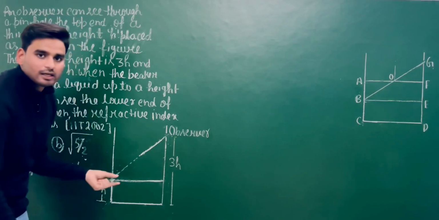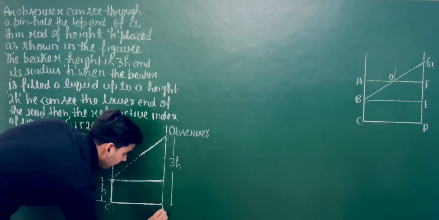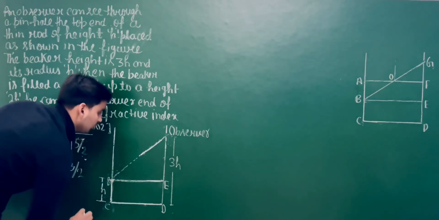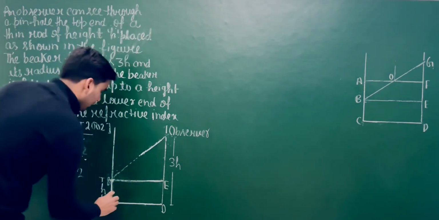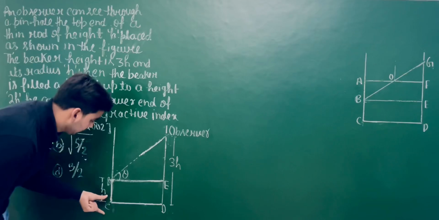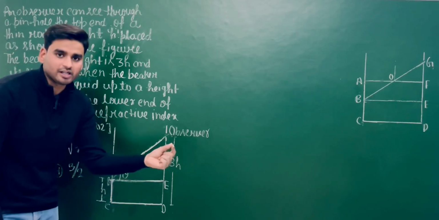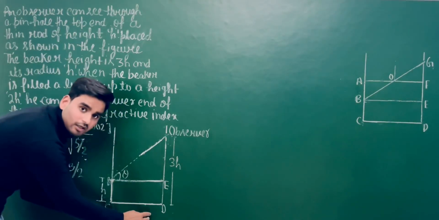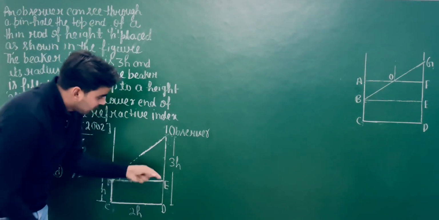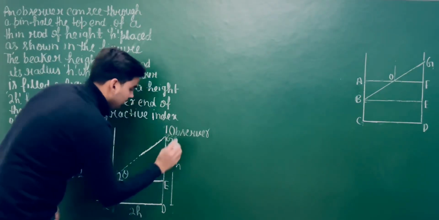Again, see in this figure, this C, D, E, B. If this angle is theta, this ED equals BC equals h, and in this question the base radius of beaker is h, then this total CD is 2h, and this ED is h and this total is 3h, then this EG is 2h.